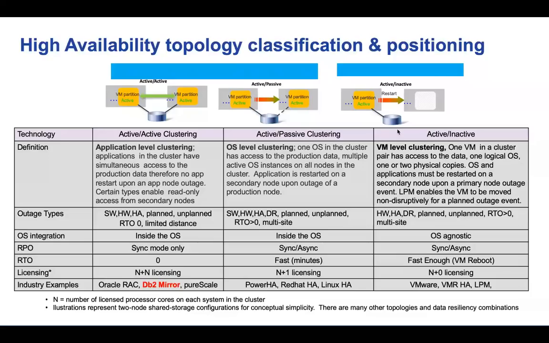The middle column is active-passive type clustering technologies. So if we go to IBM i specific technologies, this is where PowerHA would be. We have 2 nodes or 2 LPARs, and they're both up and running, but then we're switching an independent ASP between them. And in order to do that switch, you have to vary off your independent ASP. You have to take down your application.